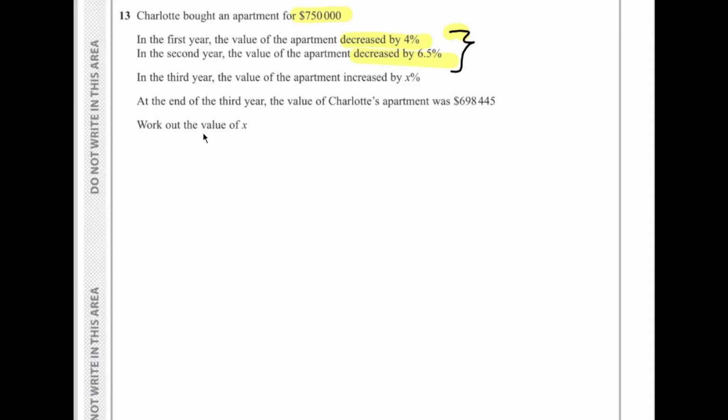So we know that new value equals the initial amount, principal amount, into 1 plus or minus r over 100.